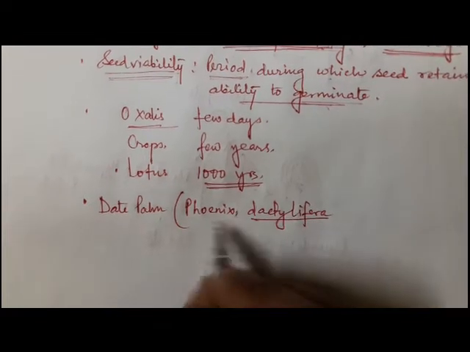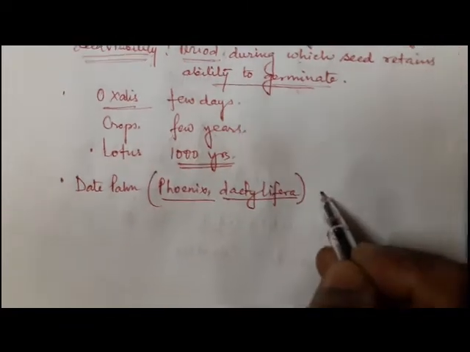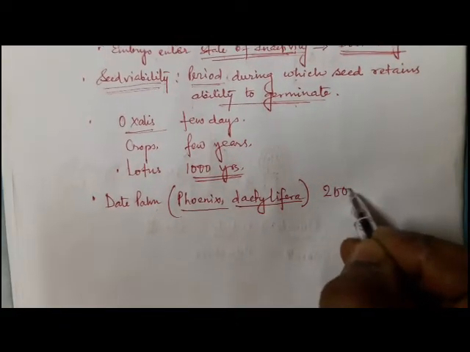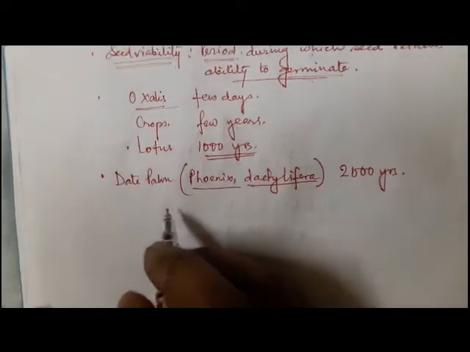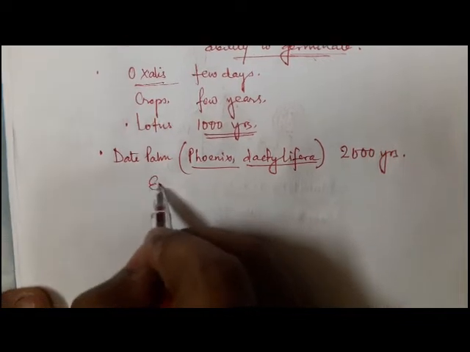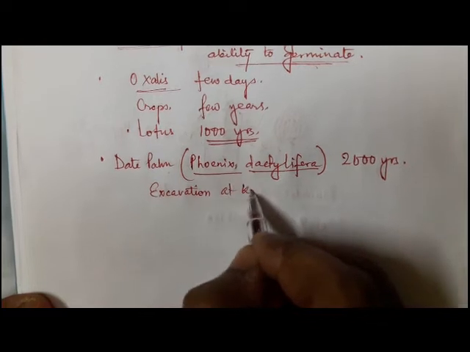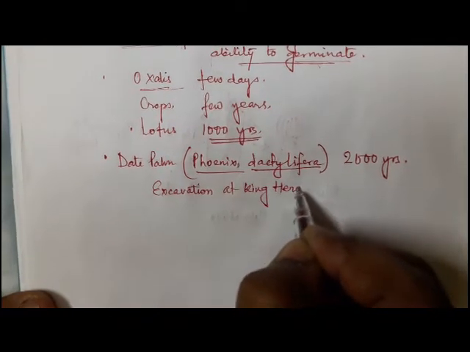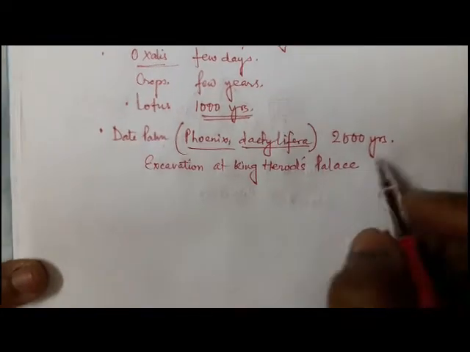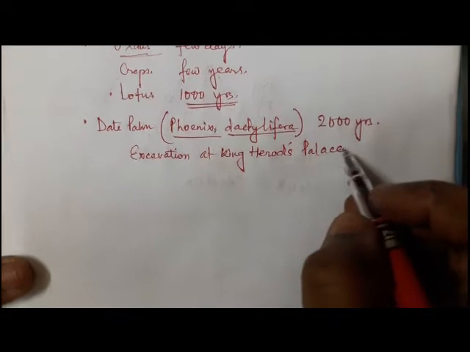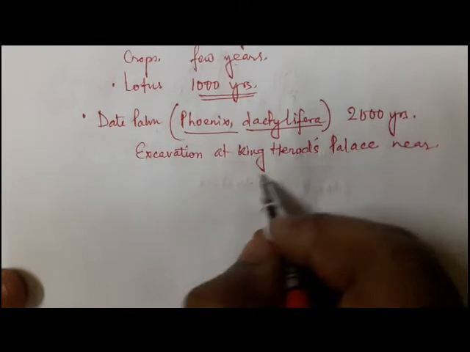This is the scientific name of a particular type of date palm in which the seed is seen to be viable for around 2,000 years, and this was found during an excavation at King Herod's palace. A very prominent example which must be remembered. The excavation at King Herod's palace is located near the Dead Sea, right?